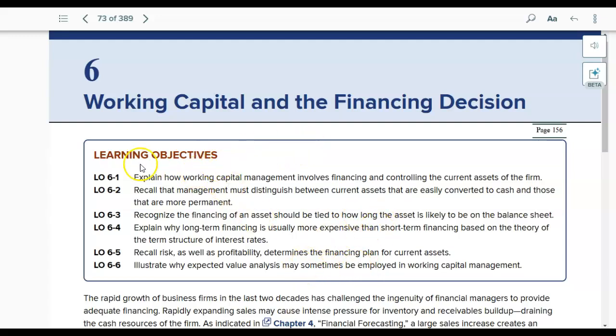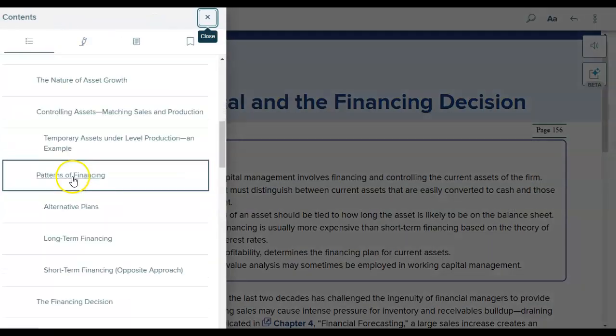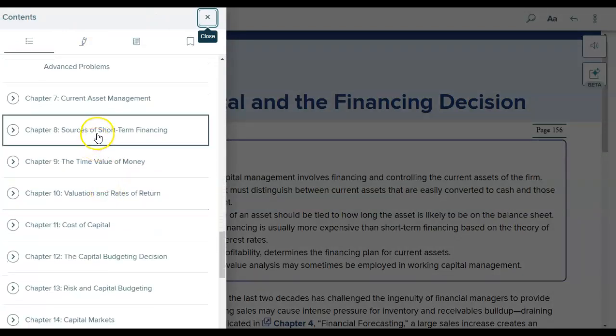Chapter 6 gives you a rough introduction to it. The key takeaways are really getting a firm understanding of the term structure of interest rates, and also understanding expected value analysis.